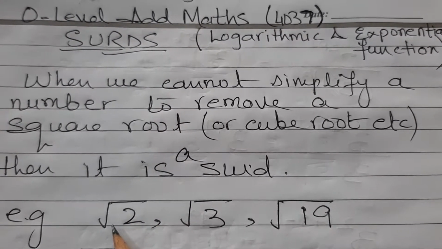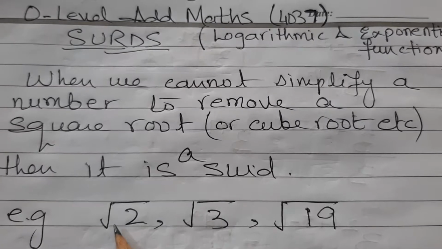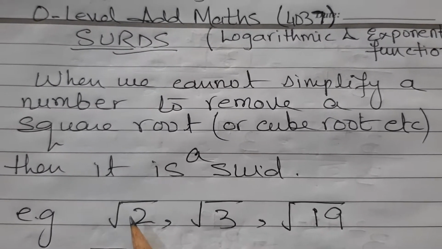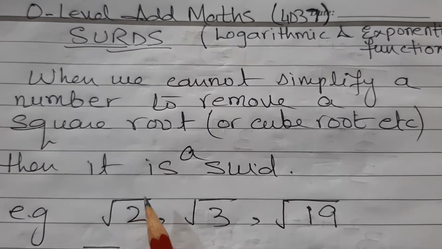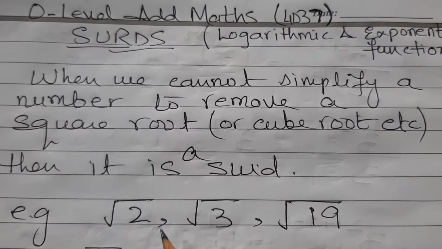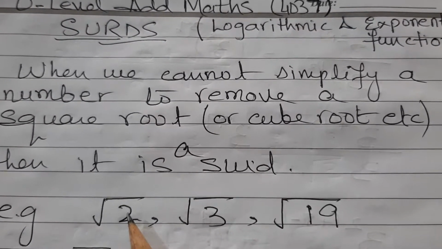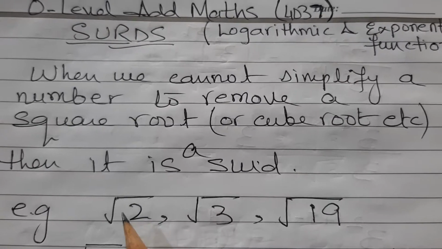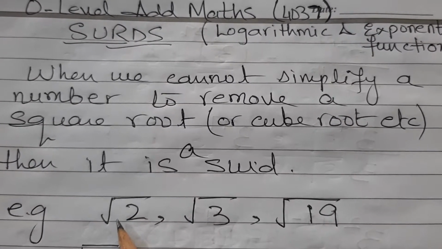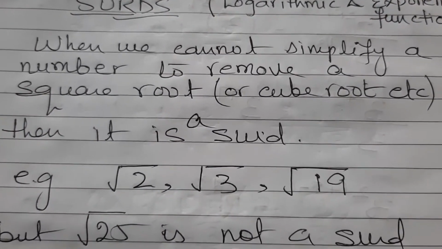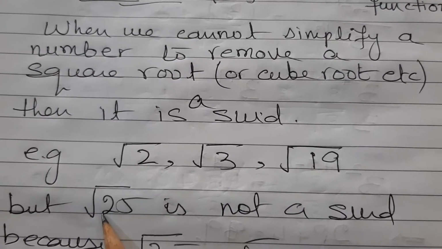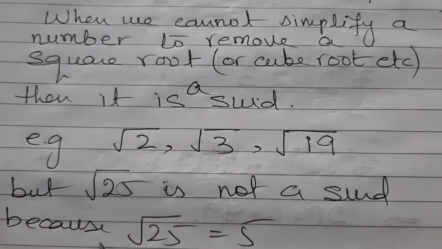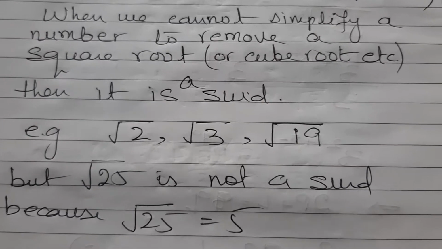So what are perfect square numbers? Do you know that? 4, 9, numbers which you get after squaring a number, right? So if the number here is not a perfect square and it is in root, then it is called a surd. So if I say root 25, it is not a surd because root 25 is equal to 5.